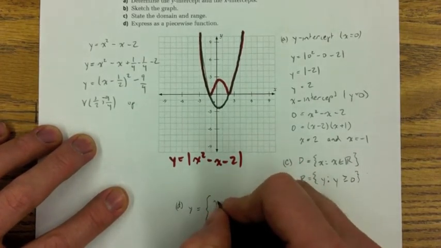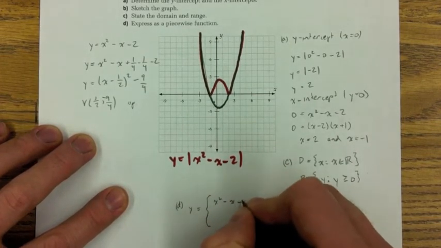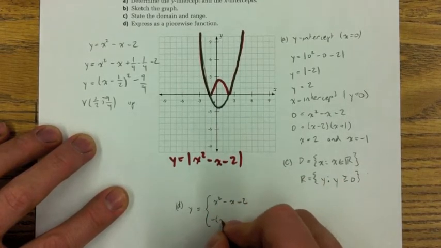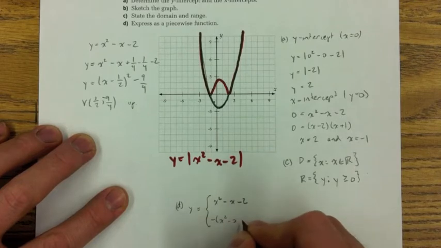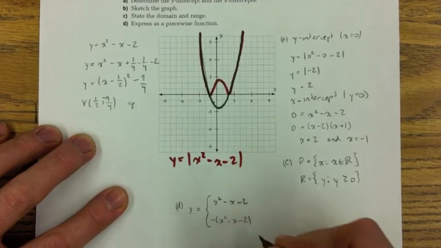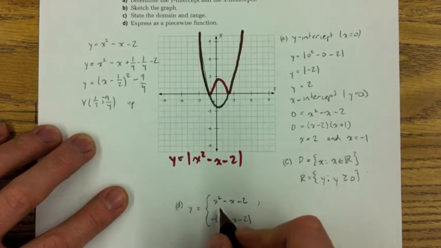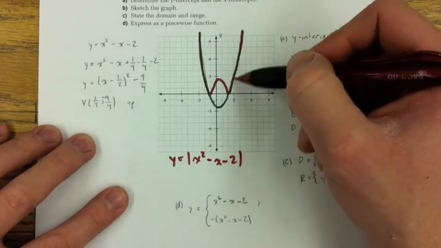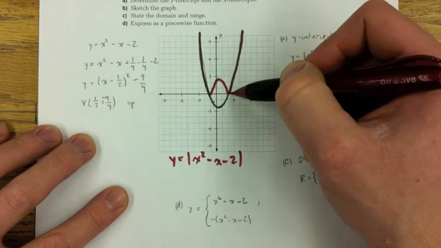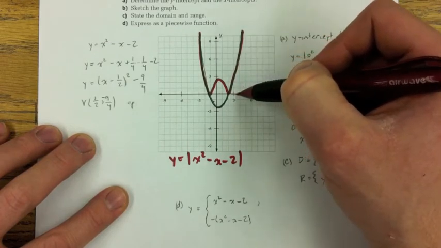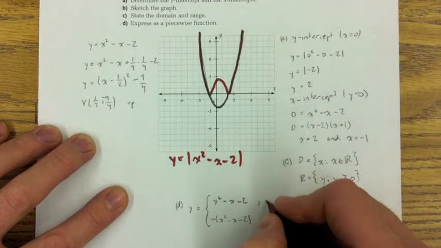There are times when we don't have to change the sign, and there are times when we have to change the sign. Now, we don't have to change the sign over here. If you notice, any part of the graph over here has an x value that's bigger than 2.